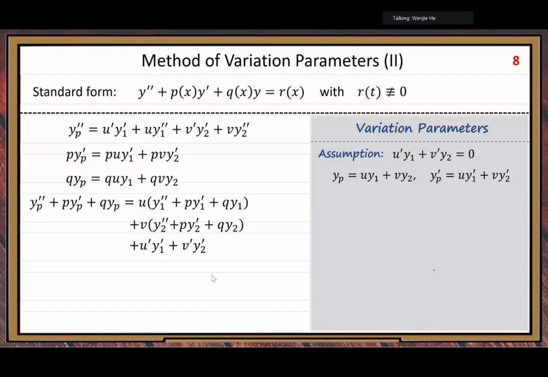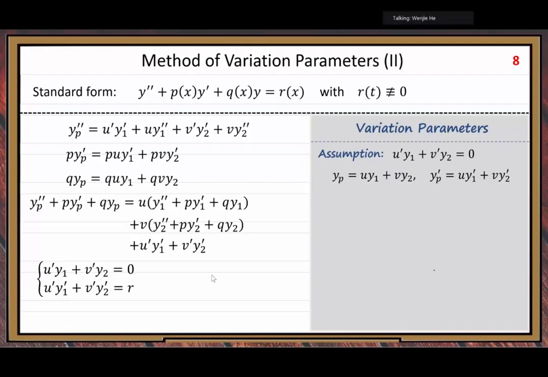The second parenthesis also disappears, because of our assumption. So at the end, we have these much simplified equations. After simplification of the original ODE, we get a second equation here.